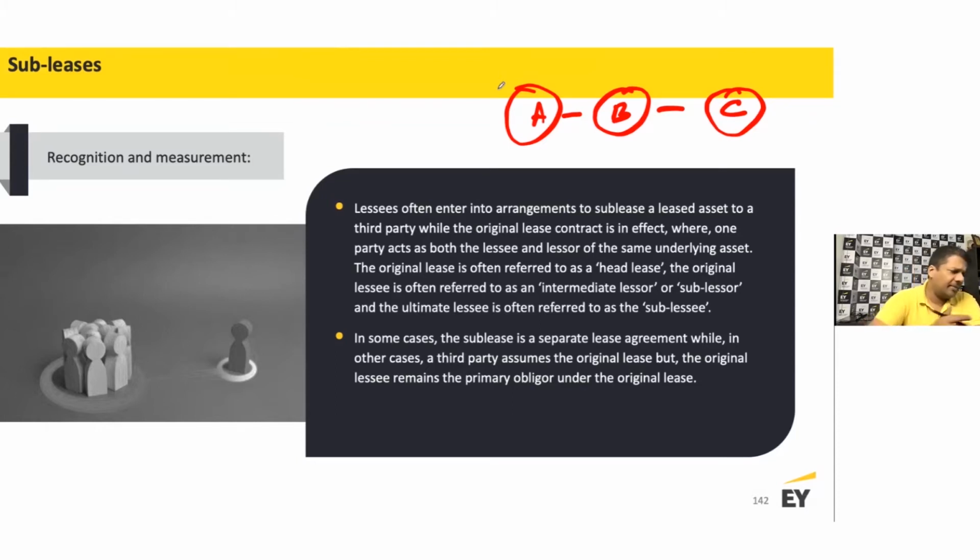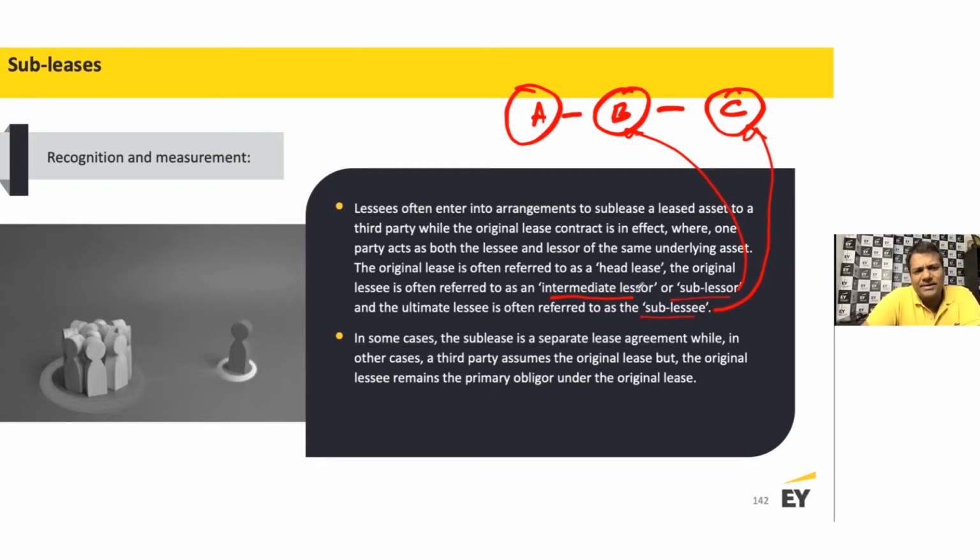In my example, the sublessee is C, the intermediate lessor or sublessor is B, and the original lessor is A, which is the head lease.